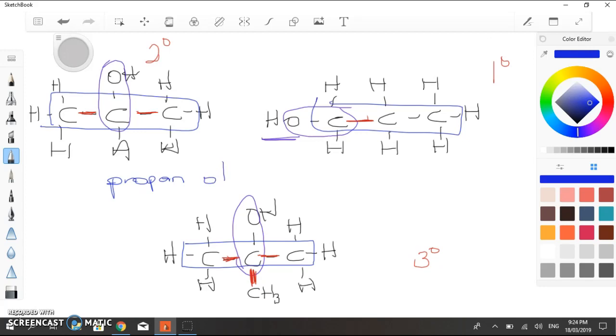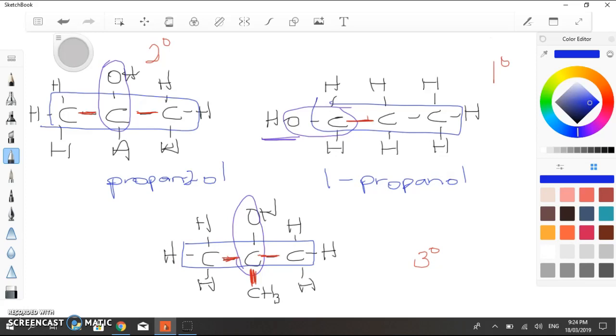Now you can put the number into the name, or you can put the number at the front of the name. So 1-propanol or propan-1-ol, and 2-propanol or propan-2-ol.